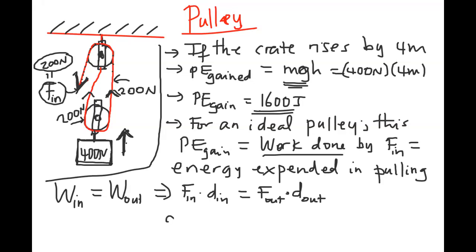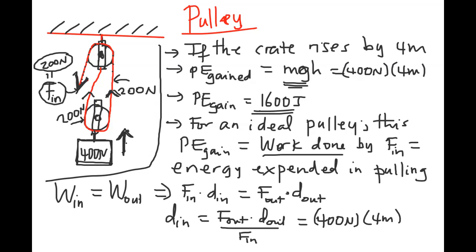So distance input will be force output times distance output divided by force input. Remember the force output is the 400 newtons. That's the load I'm lifting. The distance output, we are told, is 4 meters, and you're dividing by force input, which we just analyzed here and found is 200 newtons. In this case, you're going to find distance input as 8 meters.